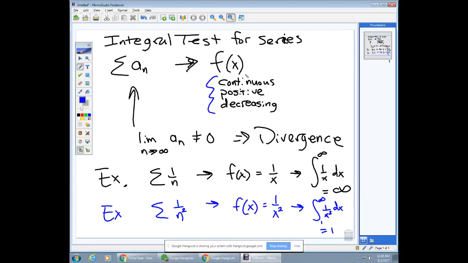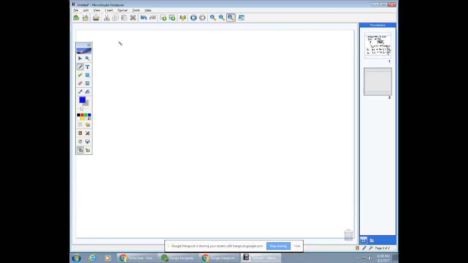We're going to take this a step farther today by looking at, can we estimate the error when it does converge? So in class the other day, we found out that the sum, let's use a different subscript, let's use k, as k went from 1 to infinity of 1 over k squared, we found that this converged.